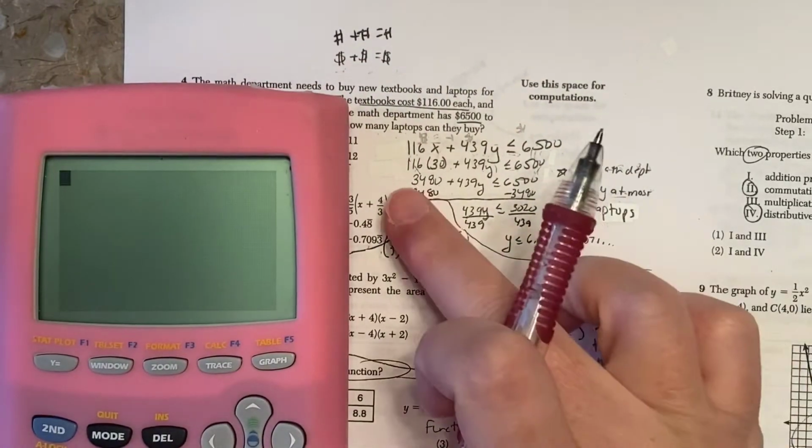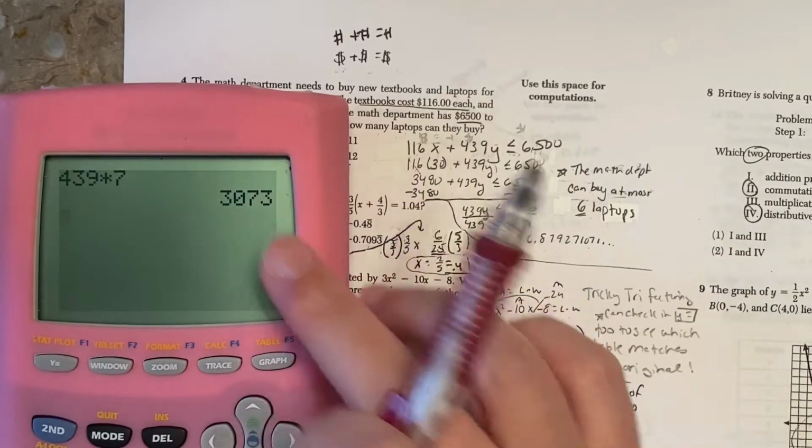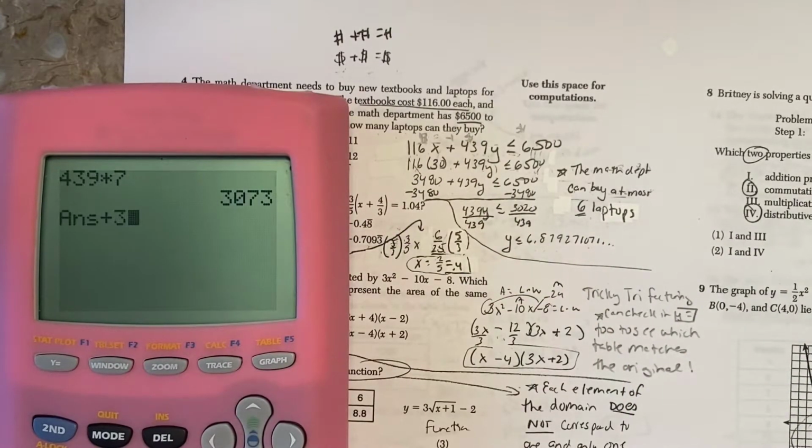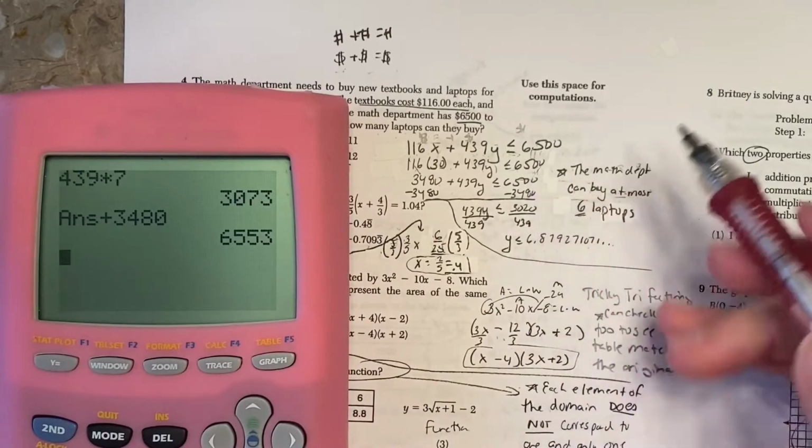116 times 30, we already know is 3480. If I do 439 times 7, we get 3073. If I add that to 3480, you're going to see that I get more than the 6,500, so no good.